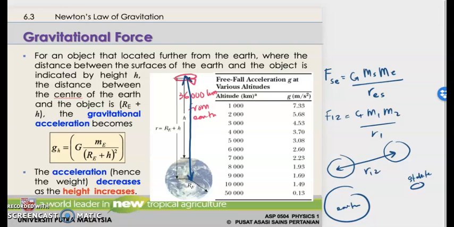So how would I calculate the radius? It's the same thing. The radius from the center of the masses, that is your radius r, Earth to satellite. So how do you find r, Earth to satellite? It is the radius of Earth plus the height of the satellite. So this becomes RE plus the height of the satellite from Earth.